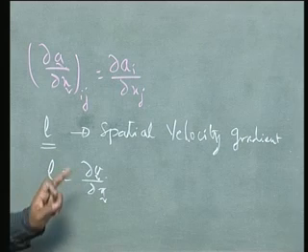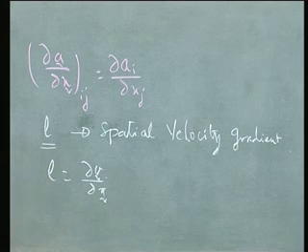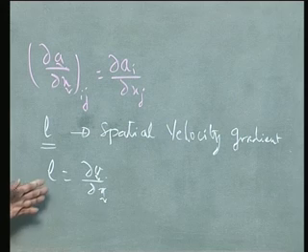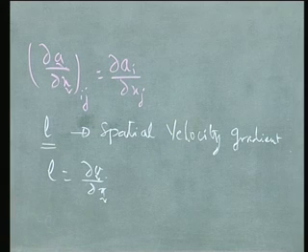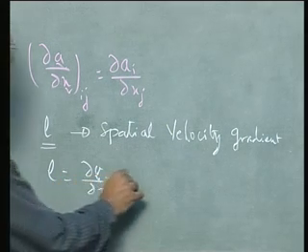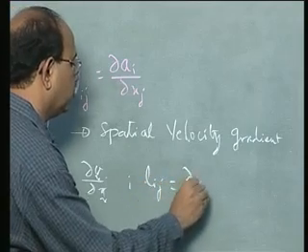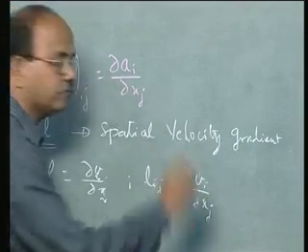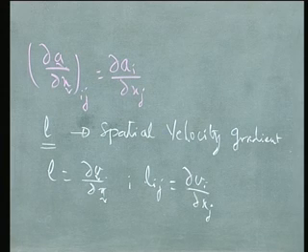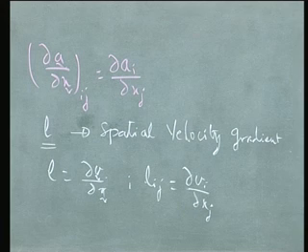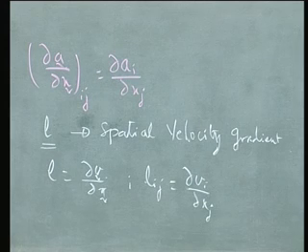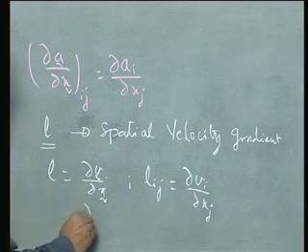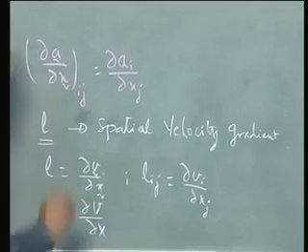Note that V and x being vectors, obviously L is a second order tensor. So let's say that L_ij is equal to ∂v_i/∂x_j. Note that this is different from the material velocity gradient, which is written as ∂V/∂X.